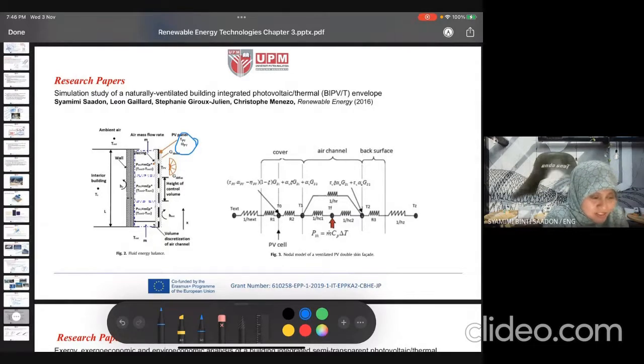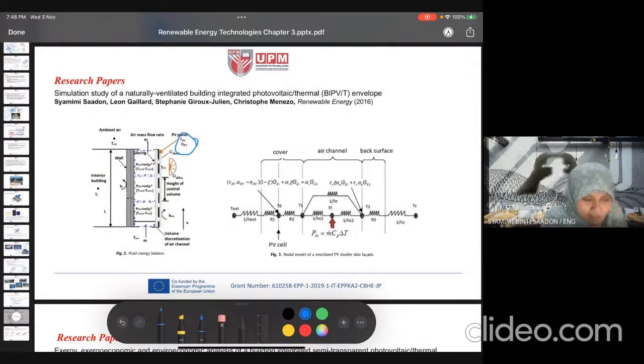Since it is semi-transparent, there is some percentage of PV panel and some percentage of glaze. It is a mix of glaze and PV instead of all PV panel, so that portion we have to take into consideration.